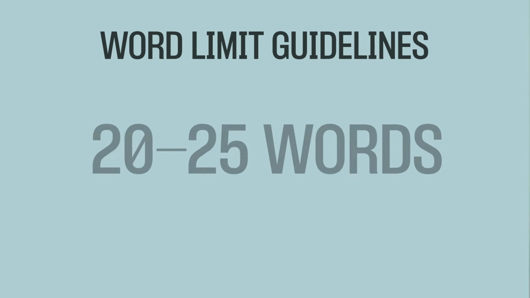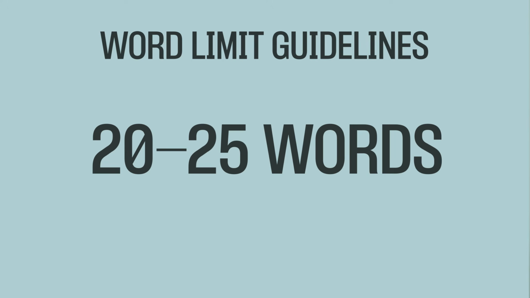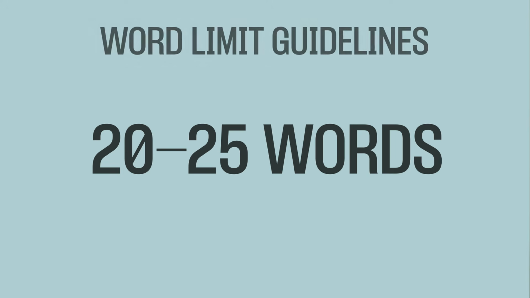Now please remember something. Examples in themselves are not going to get you marks. It's the explanation of the concept that's going to get you marks. So focus on the concept, then you come down to the example. And ideally speaking, 20-25 words is a good word limit for examples.